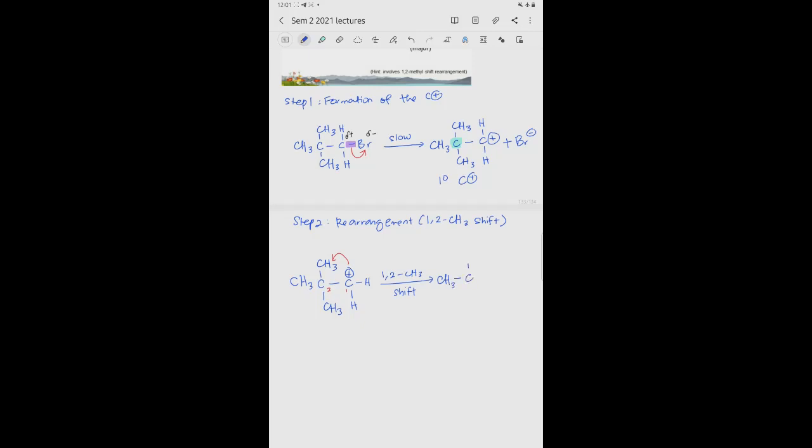Now the carbocation will change to carbon number 2, so carbon number 1 will get the CH3. So it becomes like this. Now we have the tertiary carbocation, which is more stable than the primary in the previous step. This tertiary carbocation will be used to form the major product.